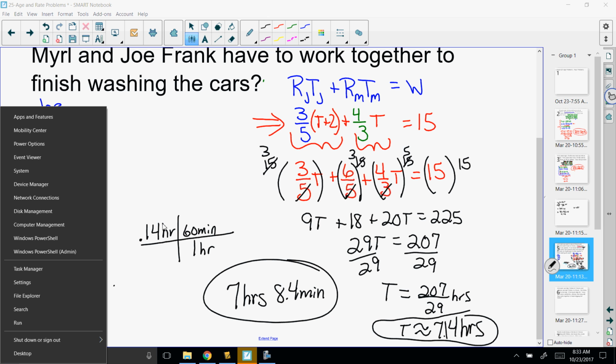So it's going to take something like 7 hours and 8.4 minutes. You could keep changing it so that it means something to you. You could take the 0.4 minutes and change it into seconds if you wanted to. But they just left it as this fraction, 207/29 hours.